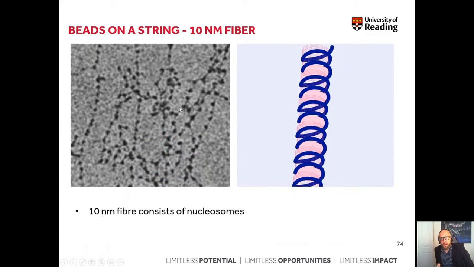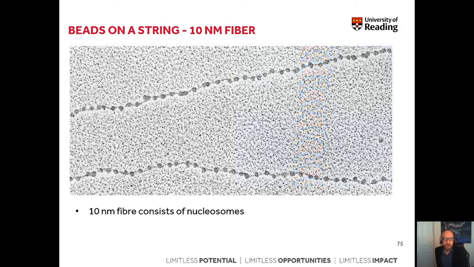What you can see here on this image is an electron microscopic image of DNA bound to histones, and we are calling this structure 10 nanometer fibers, which consist of nucleosomes.